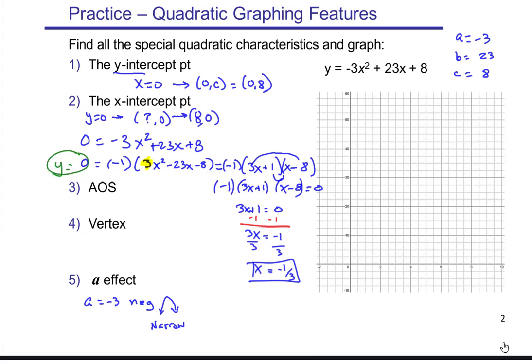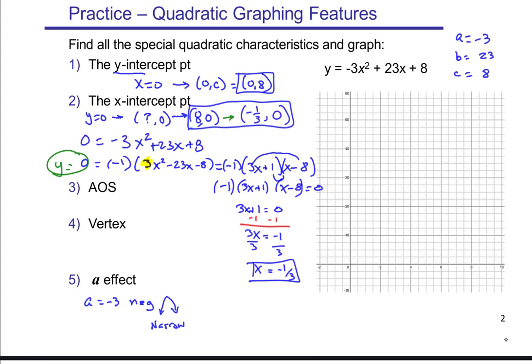So when y equals 0, we got another x. So that means we can come over here and say, oh, we've got another point. That point is negative 1/3, 0. These are the 2 points where I land on the x-axis. That's interesting that the y-intercept has y equals 8 and the x-intercept has an x equals 8. But that's what we're looking at here.